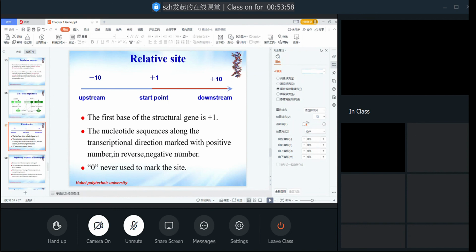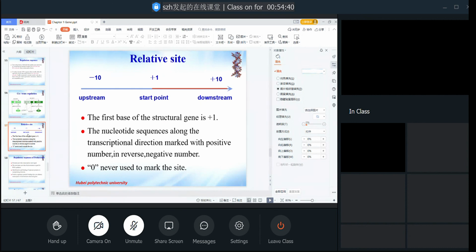Here we mark with numbers. It is positive 1. And the second base is positive 2. One by one to the downstream, we use positive numbers to mark the location. And in the reverse direction, from this point, positive 1, and upstream, the first is negative 1.